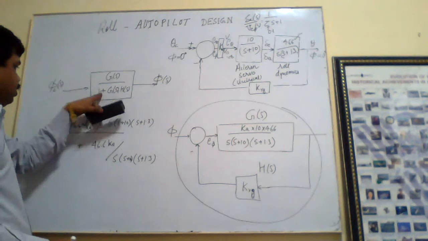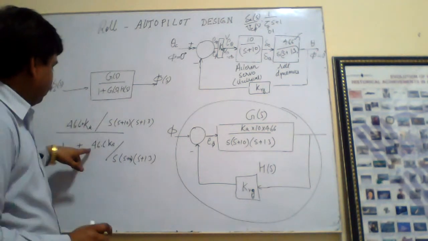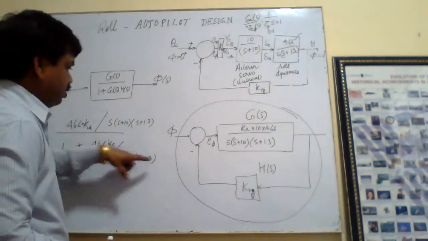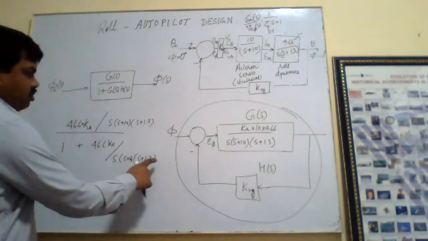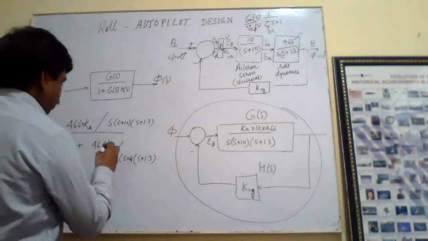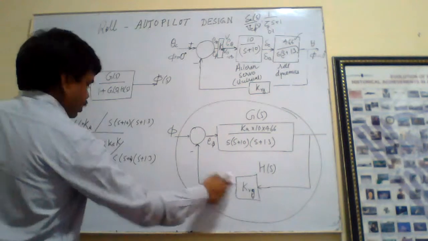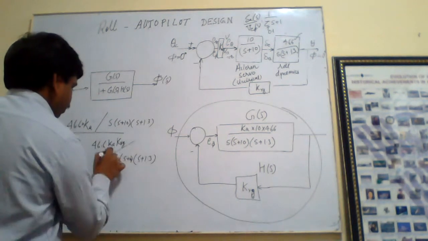In the denominator I have 1 plus G of S, which is 46.6 Ka over s into s plus 10 into s plus 1.3, into H of S. Here I will only get unity.